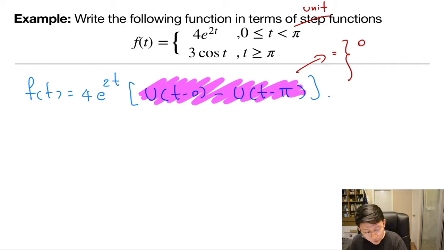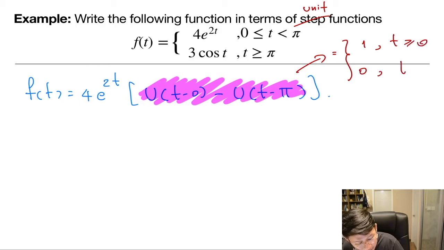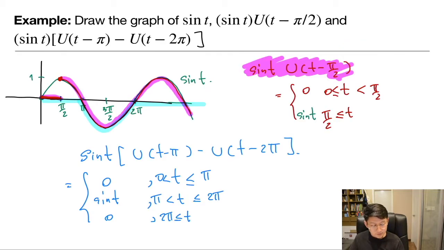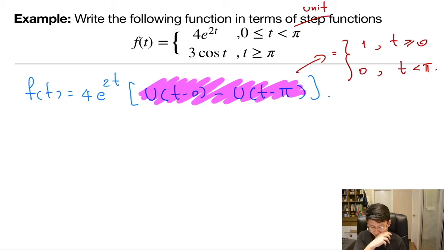So it would give you 1 when t is bigger or equal to 0, and it would give you 0 when t is bigger or equal to π. My bad, sorry.